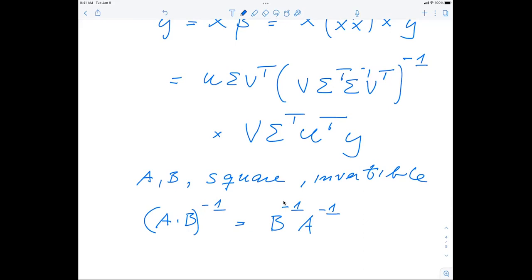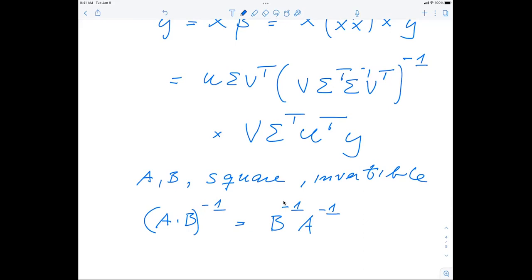Now, we started with a matrix X transpose times X, which may not be invertible, right? So we could actually run into deep problems and have a matrix which cannot be inverted. And that's why we are here now, looking at the singular value decomposition.